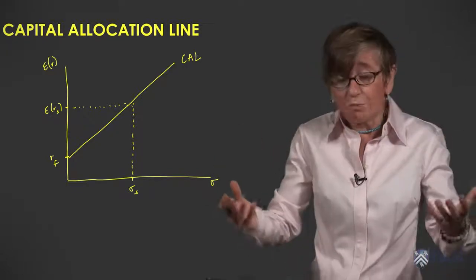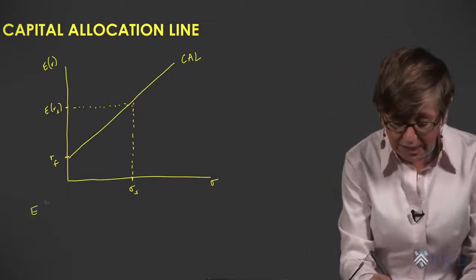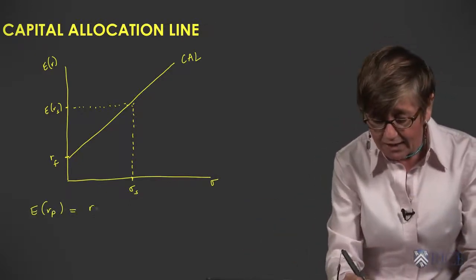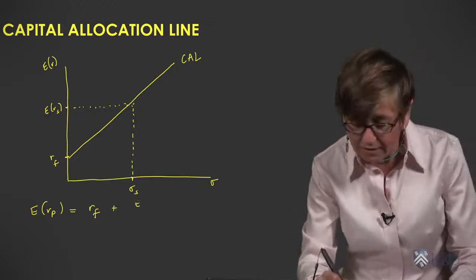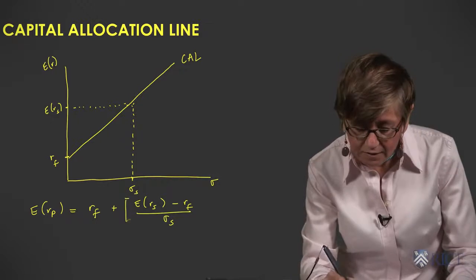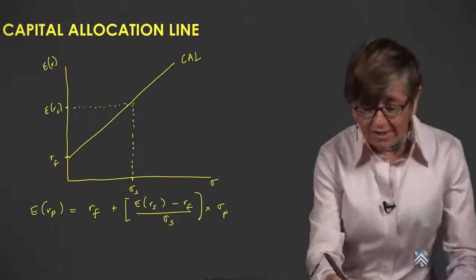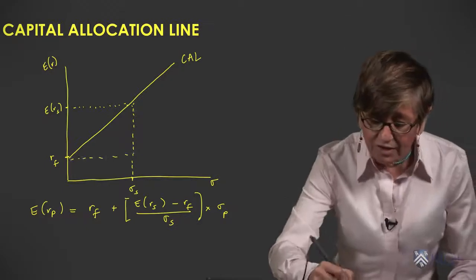So it's kind of the investment opportunity set. Now, the slope of this, so let me write down the line equation again. The slope of this line, we have a special name for it.